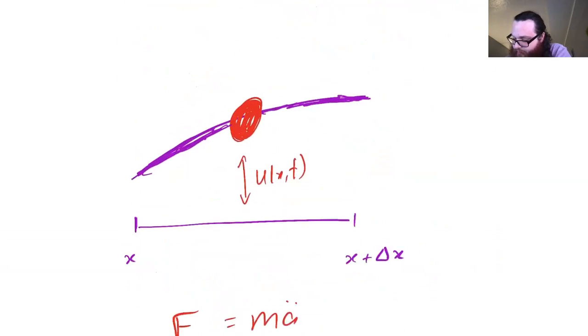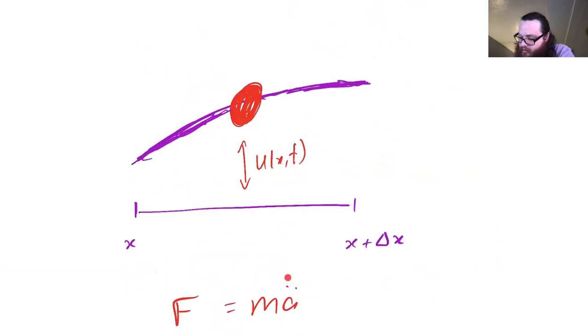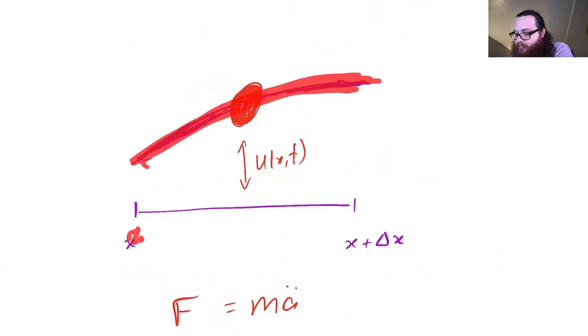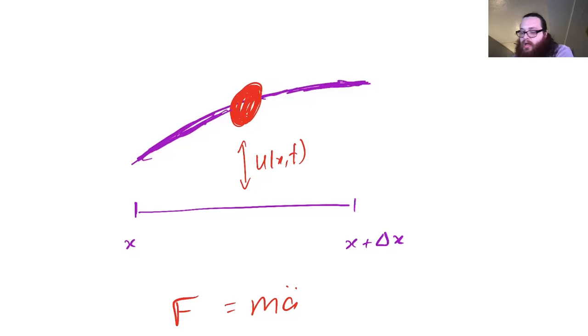How do we put them together? Down here, force is mass times acceleration. What we're going to do is pretend that we can model the behavior of the string for this short segment from x to x plus delta x by the behavior of a particle, and we might visualize this particle as sitting in the middle. But as written, technically this particle is going to be sitting right there because I'm saying it's the height at x.